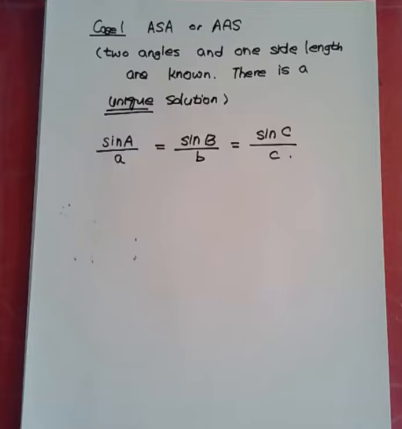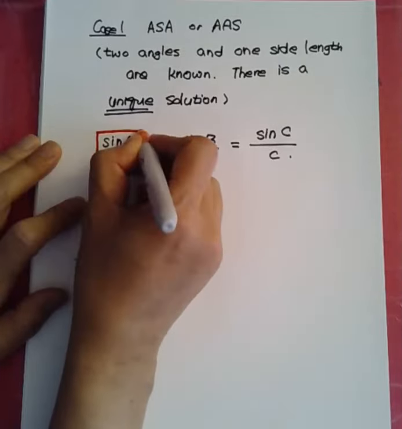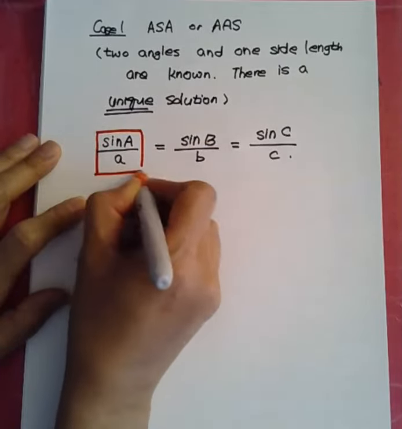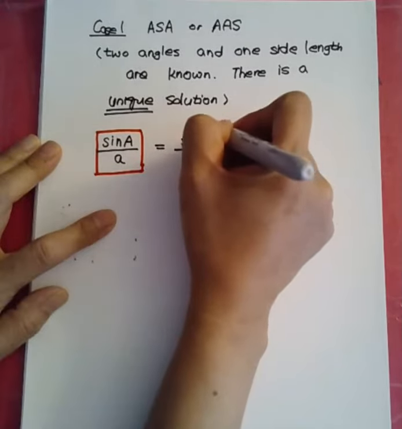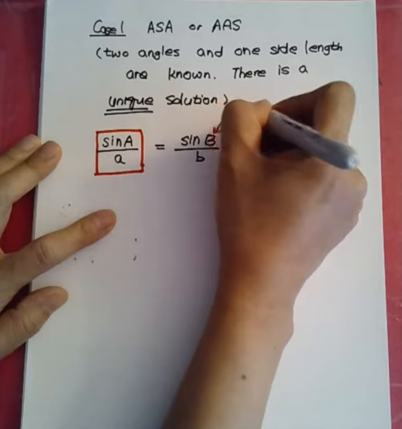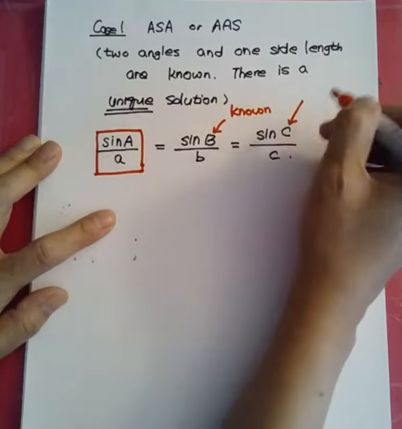I said two angles and one side length are known, so this pair is known, and one more angle is known. Let's say this is known, and then angle C can be calculated.